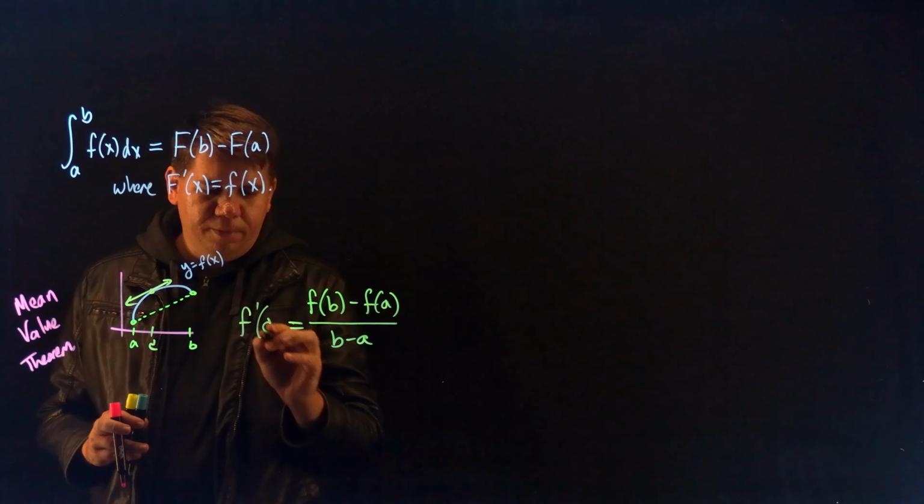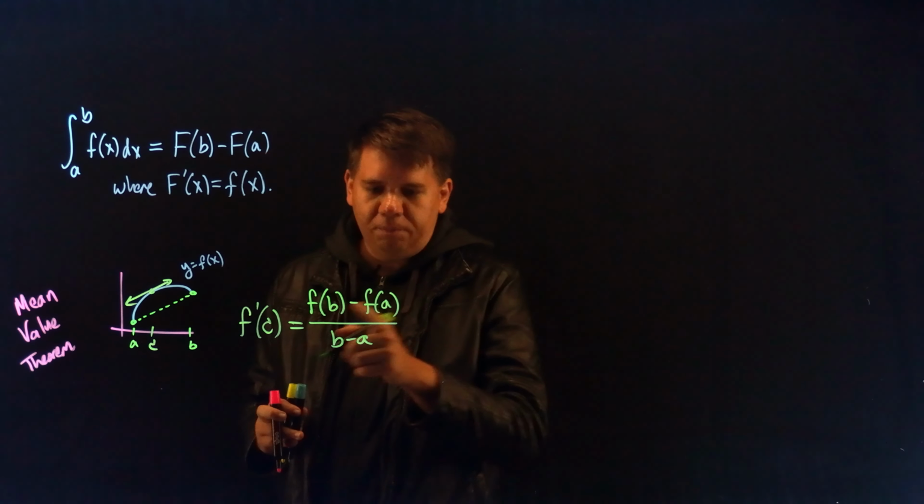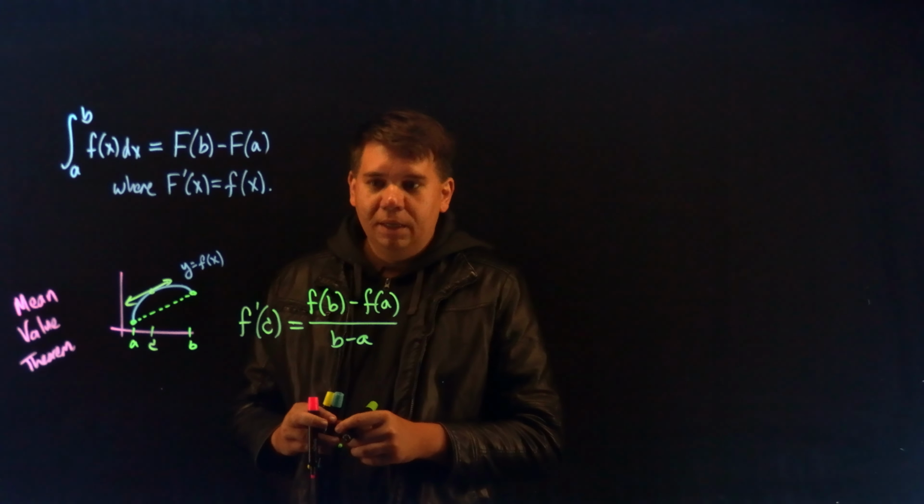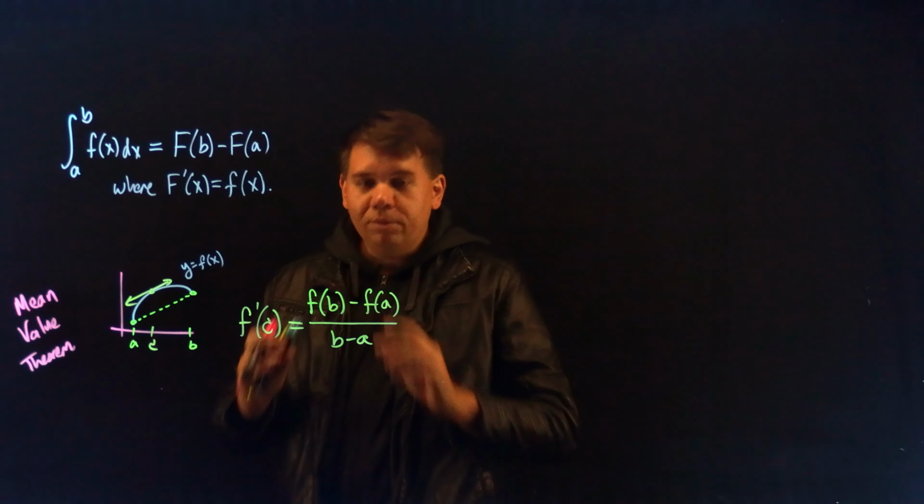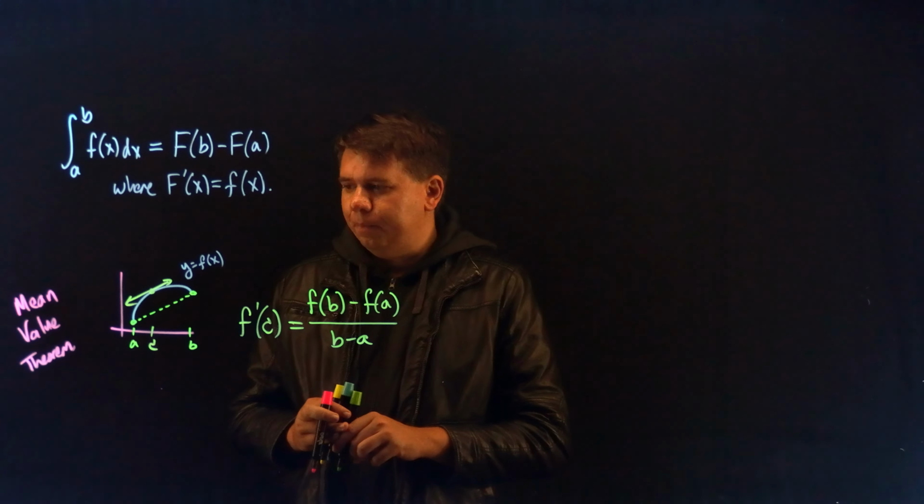That is, f prime of c is equal to f of b minus f of a all over b minus a. So that was the first version of the mean value theorem.